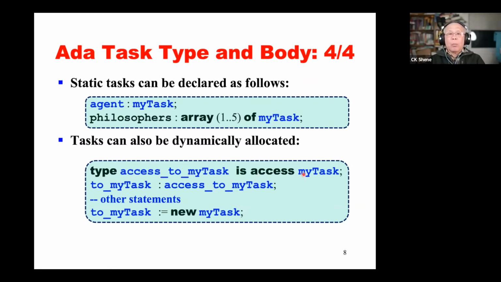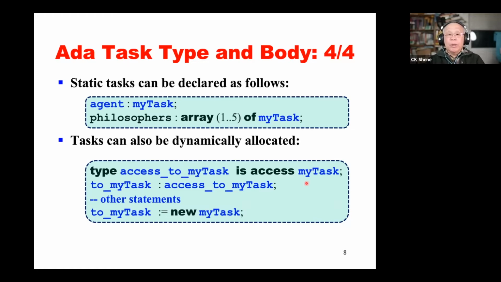But this is more like the Java approach rather than the C, C++ approach. Here, to my task is an identifier. This identifier is an access to the task, my task. So this is just an identifier or a pointer to this thing.